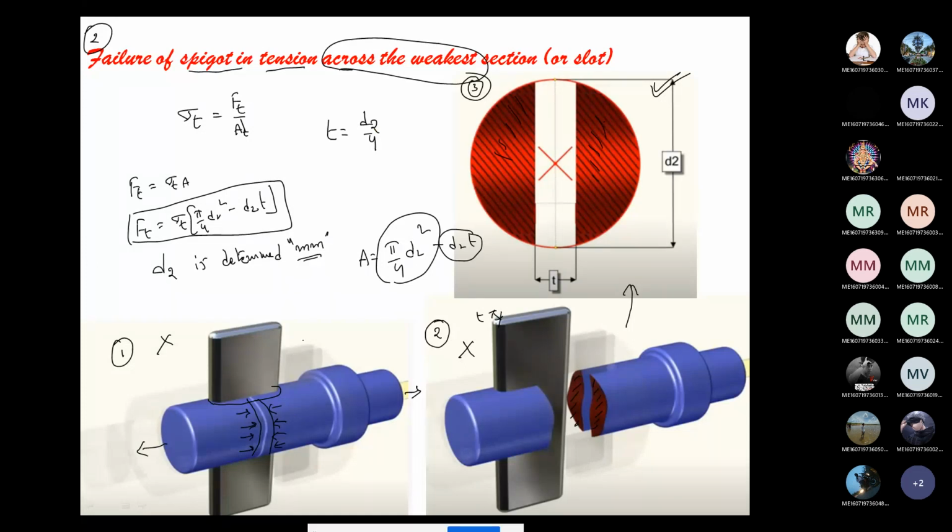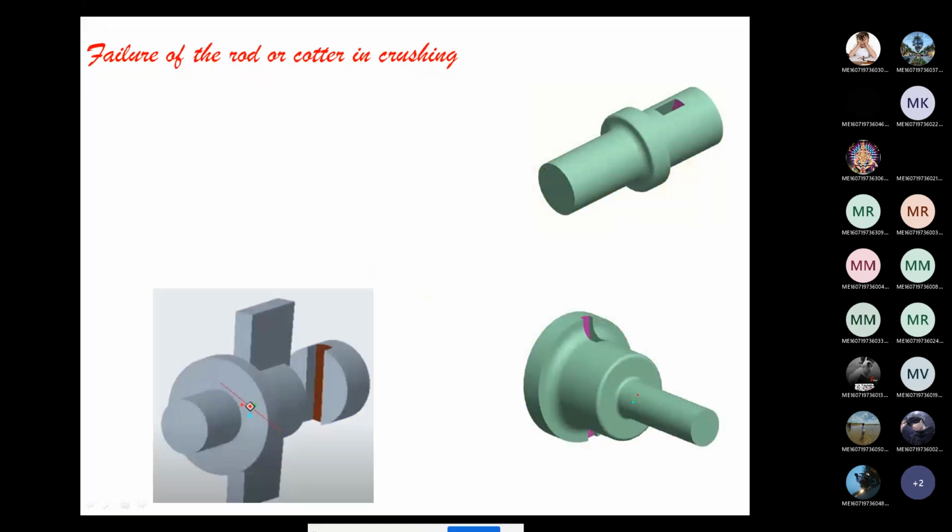And now the third point: failure of the rod or cotter in crushing. You can find in the first image, failure of the rod or cotter in crushing. So this is the cotter, this is the rod. Here you can find the colored portion.